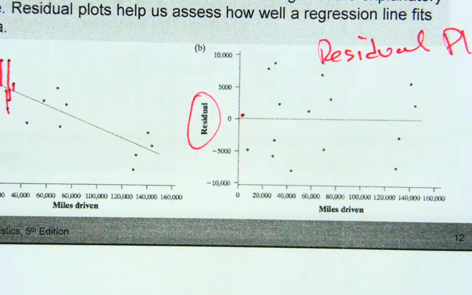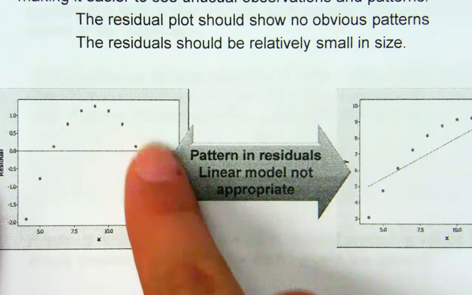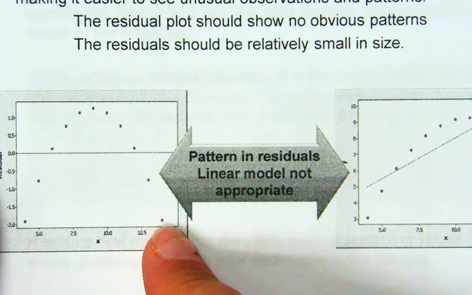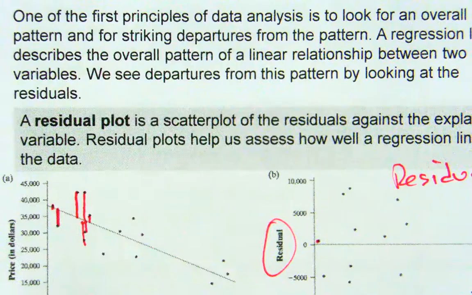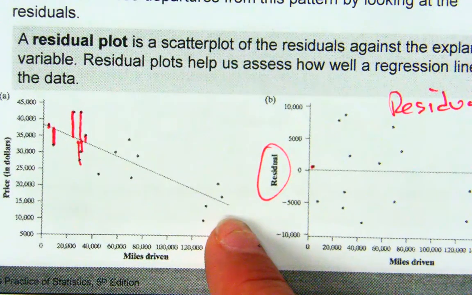The reason that we want to do this is in the next slide. When you have a residual plot that has a pattern to it, that means we do not want to use a line to make predictions about what the scatter plot is doing.